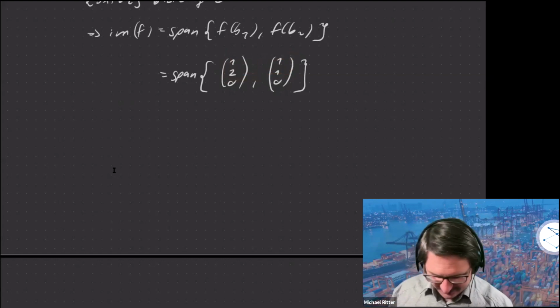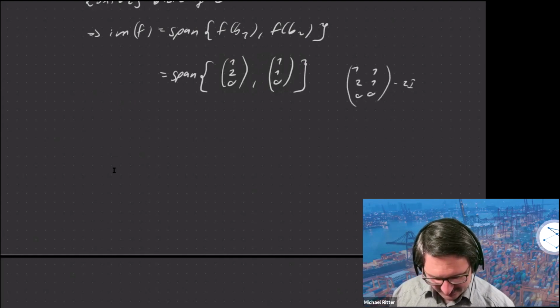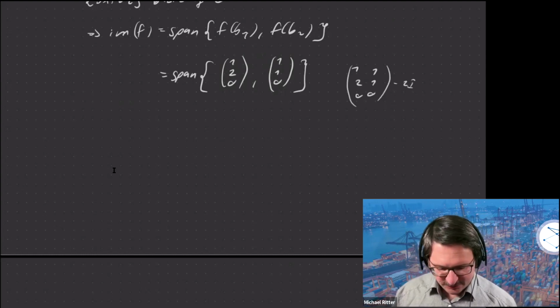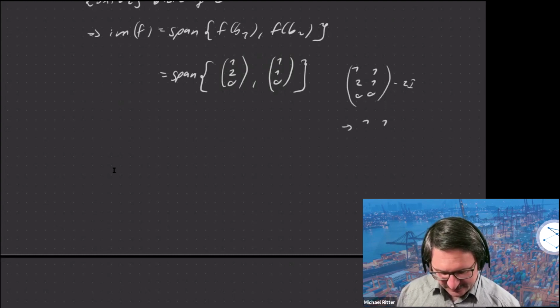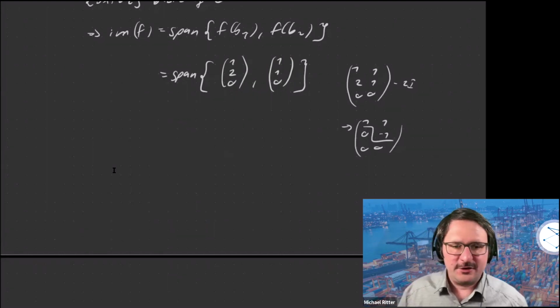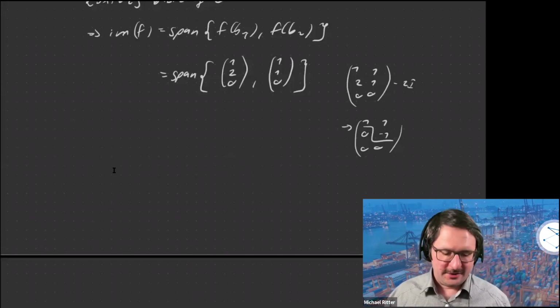If you don't see that, you're free to try Gaussian elimination on those: just subtract the first row from the second one 2 times, and you get something like 0, minus 1, 0, 0. Now you can see that those are linearly independent. 2 pivot elements, the rank of the matrix is 2, so the 2 columns are linearly independent.